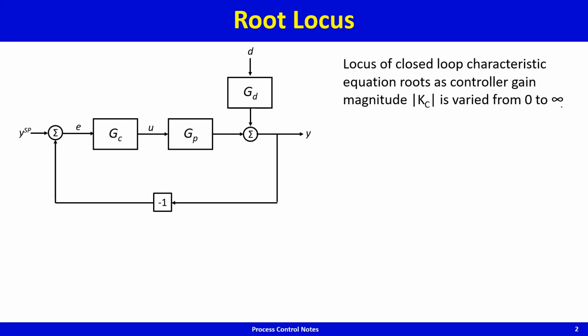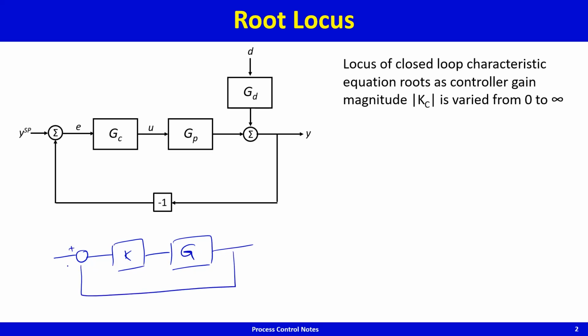So if you look at a closed loop system, it can be put in a block diagram format. It's like this. There's a gain, and this gain is going to get changed. There is a transfer function G. Of course there's a disturbance.